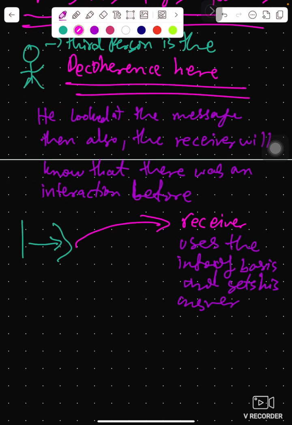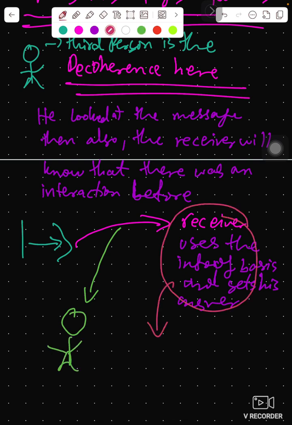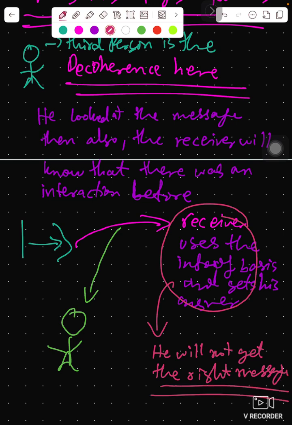But if we have a third person, he will not get the right answer or right message.